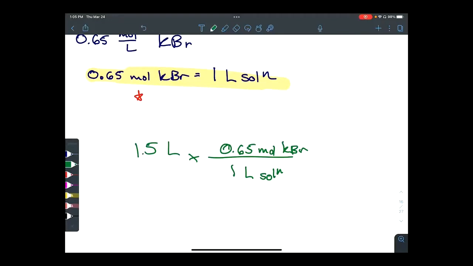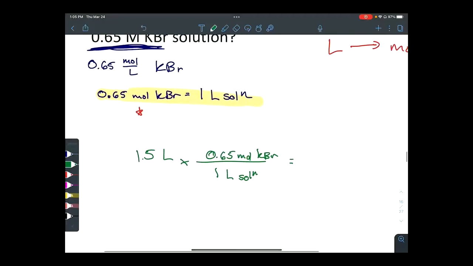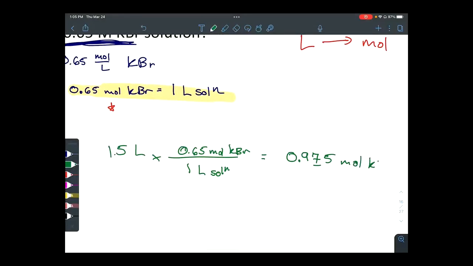We're just trying to cancel units. So when we do this, liters cancel and we are left with moles. I think that's our answer. We want moles of KBr, and in this case, you do that math, it's 0.975, this should be 2 sig figs, moles of KBr.